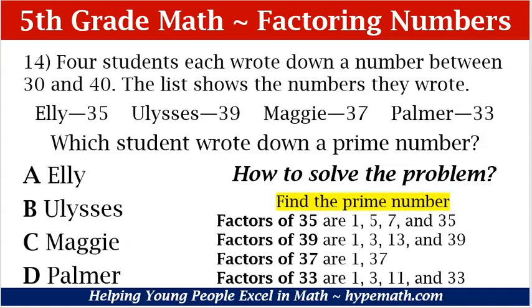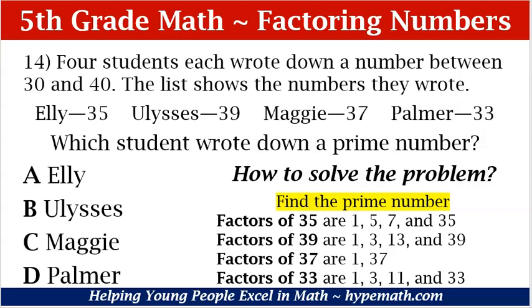In order for us to solve this problem, we need to look at all of our factors and find the prime number. Once we find that prime number, we need to see who said that number and find their name in the answer choices, okay?